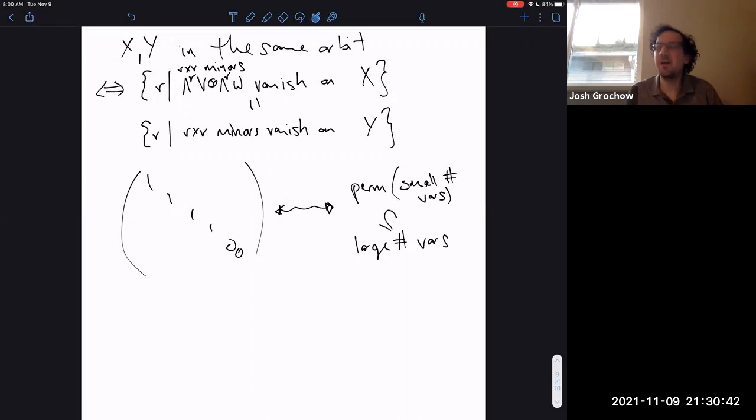Correct. Okay. So the question here would be, by looking not just at invariants but at other representations, can you separate orbits, i.e., can you tell if two graphs are isomorphic in, say, lower degree than if you were only using invariants?